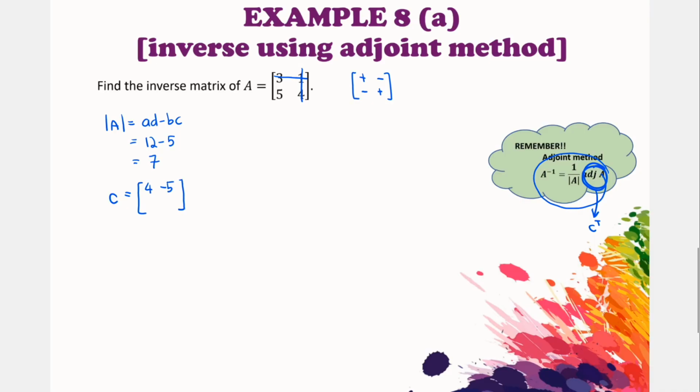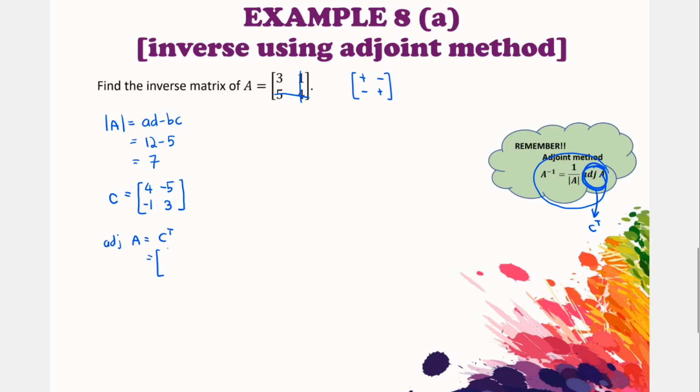Then we repeat the same steps. Delete second row, first column, we get the value of 1, which is negative 1 because the sign is negative. And lastly, second row, second column, we get the value of 3. So we already have the cofactor, and now we are going to find the adjoint. The adjoint is the cofactor transpose.